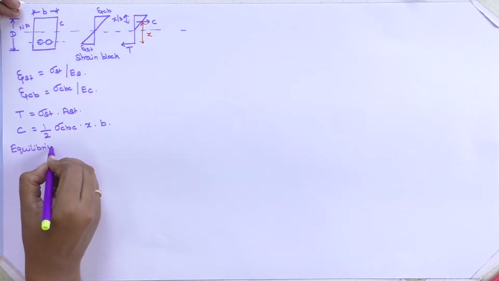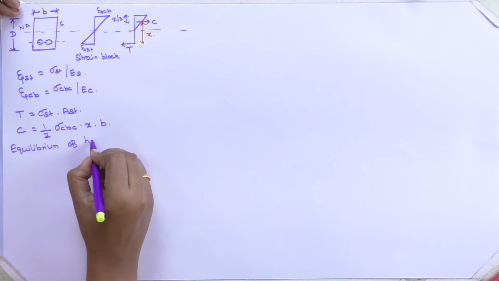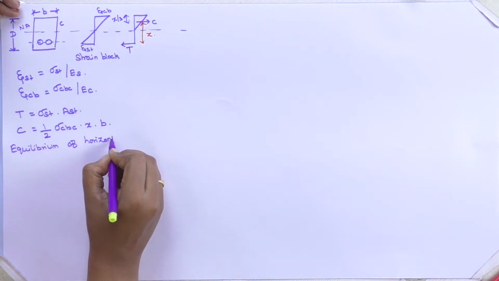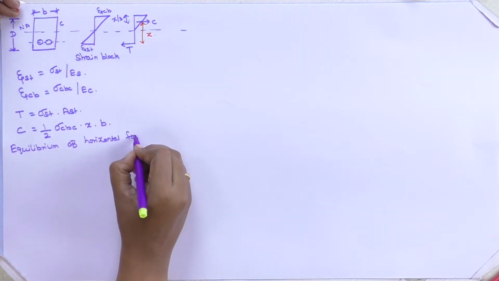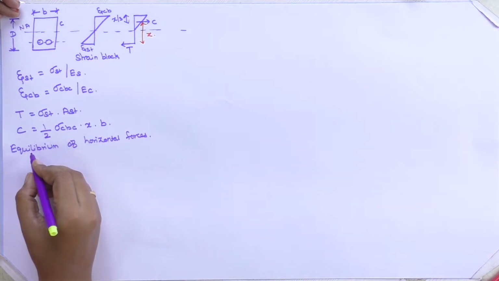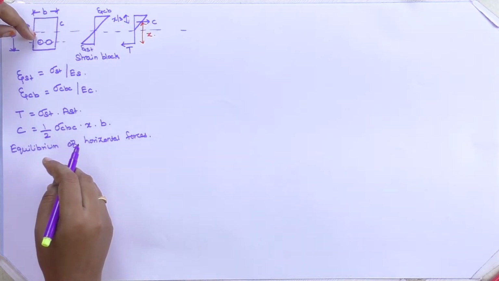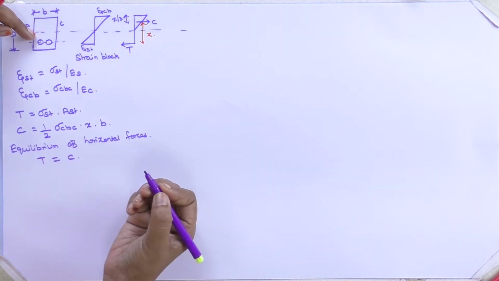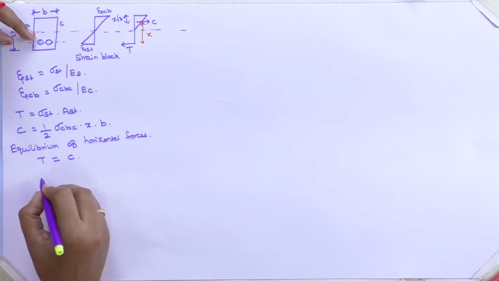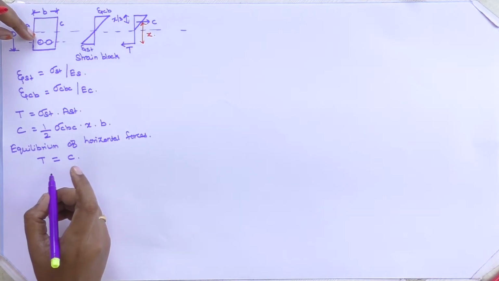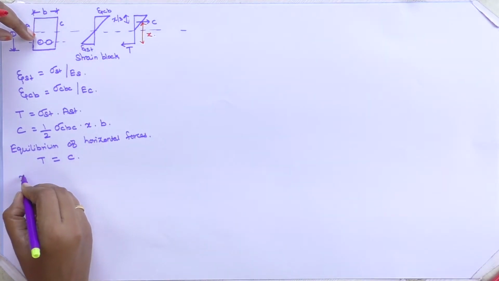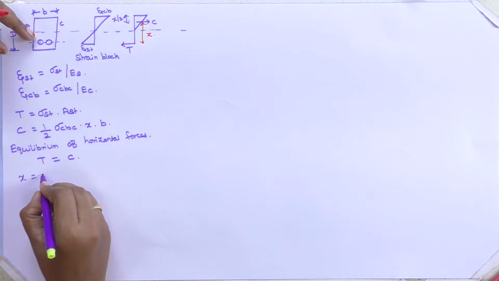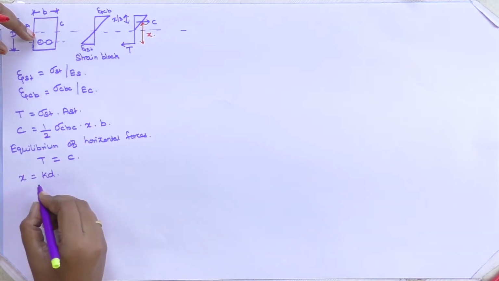Equilibrium of horizontal forces. We can equate, to maintain the beam under equilibrium section, T should be equated to C. Here we all know x is equal to kd.